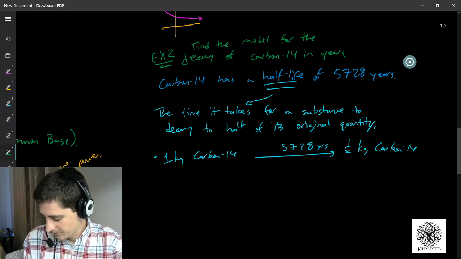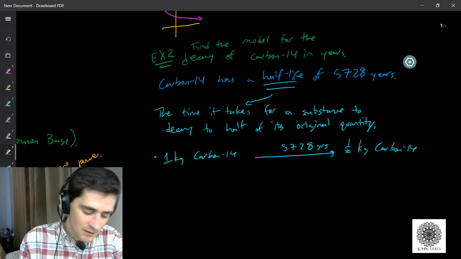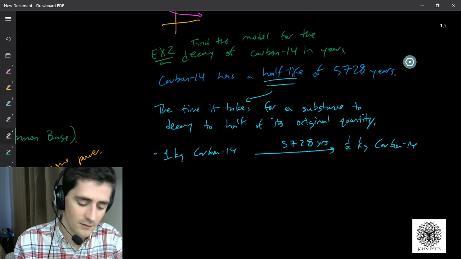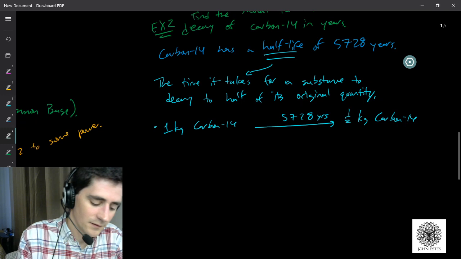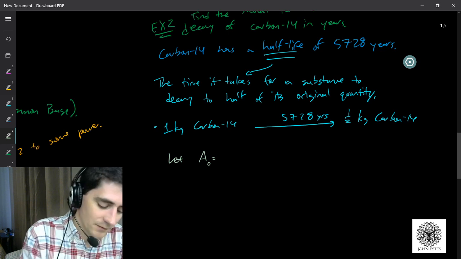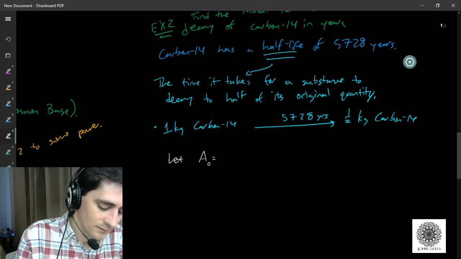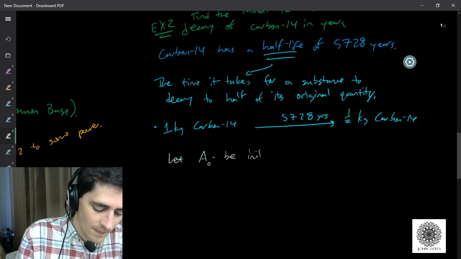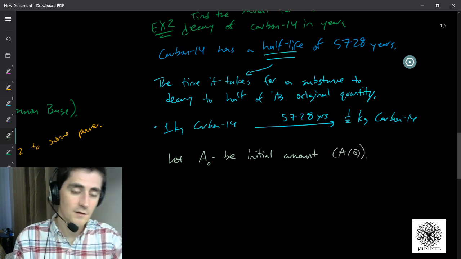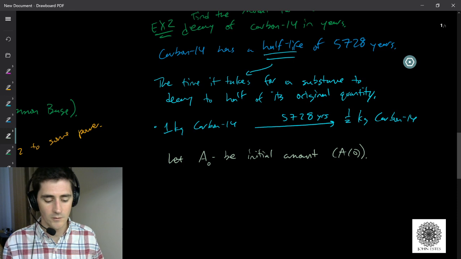Okay, so what we know here is that it doesn't really matter how much we start with, okay? So let's let a sub 0 just represent the initial amount, and that is, when you plug in 0 for t, how much we started out with.